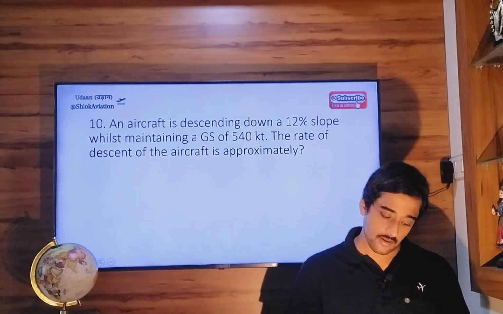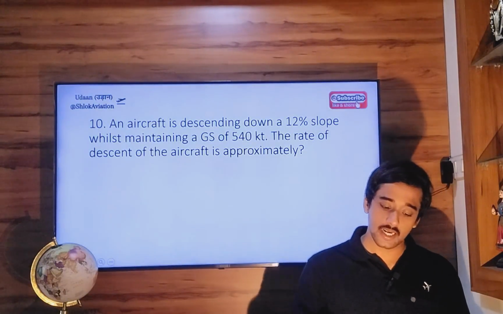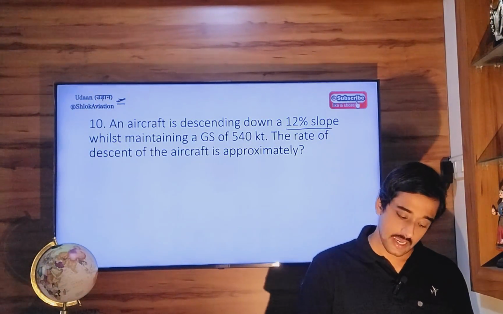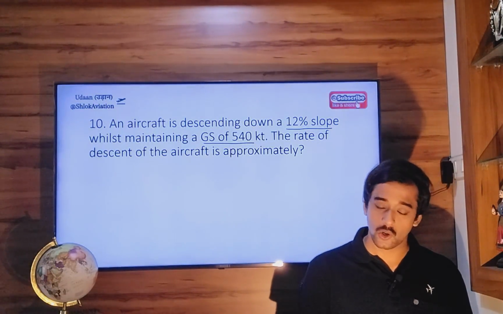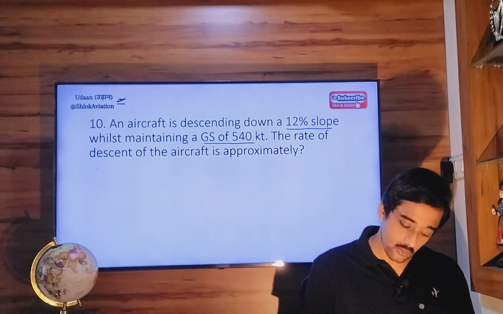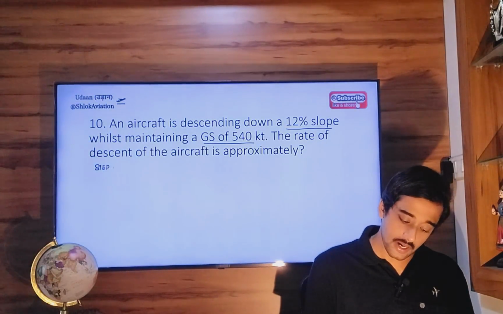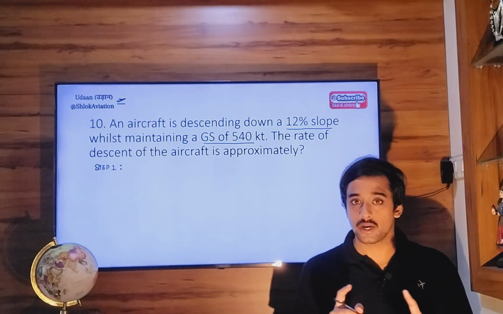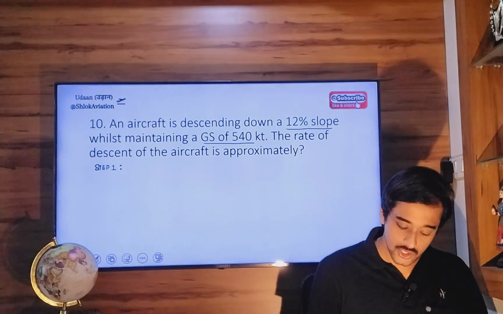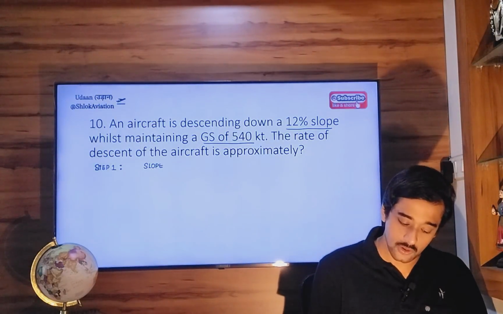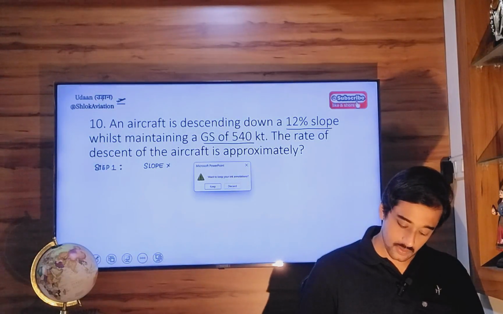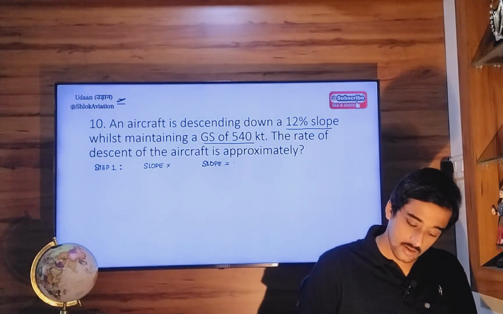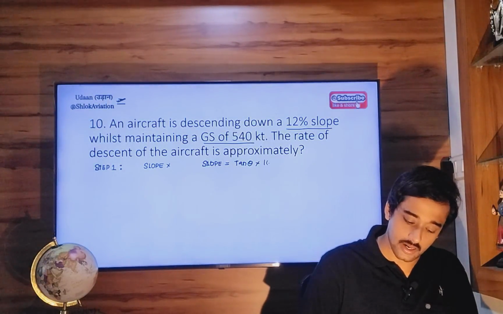Question number 10. Aircraft is descending down a 12% glide slope, maintaining a speed of 540 knots. The rate of descent is approximately how much? So step 1, convert this glide slope in terms of percentage into the corresponding angular measurement. So slope equals tan theta into 100.